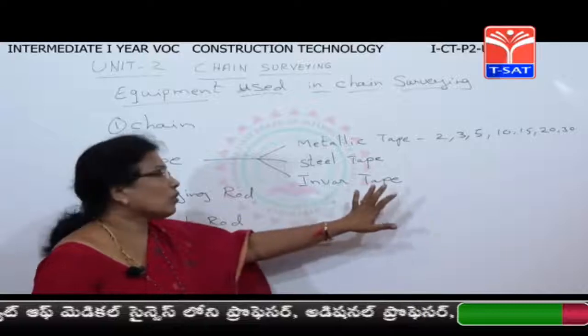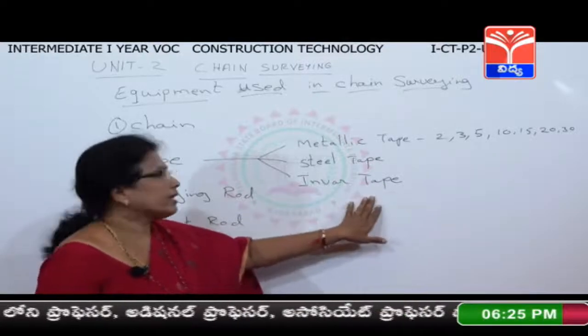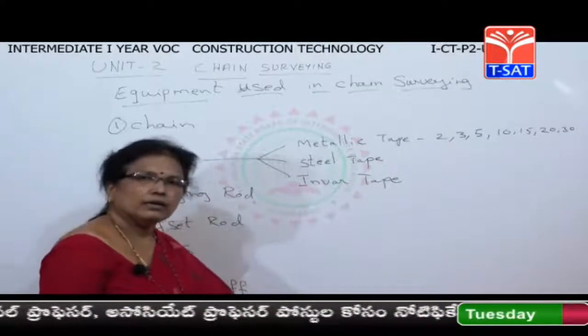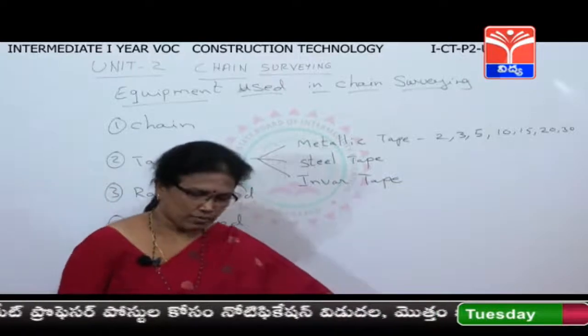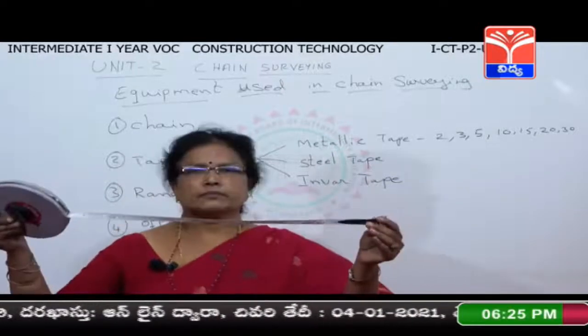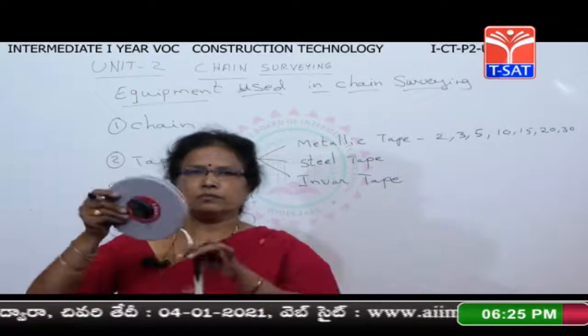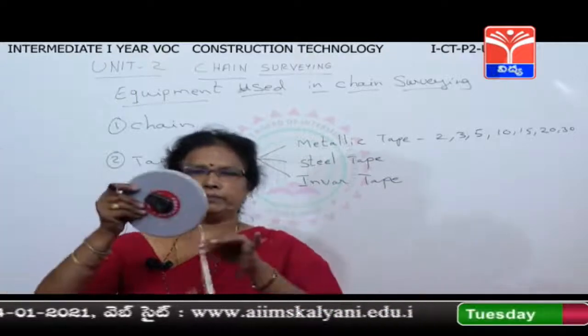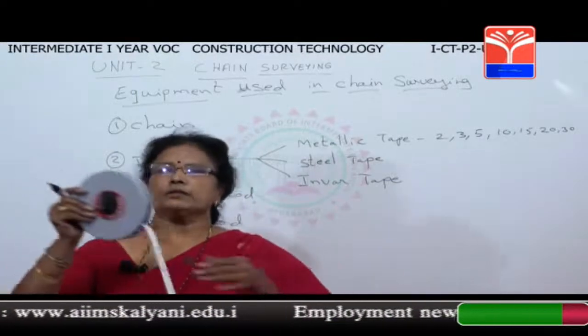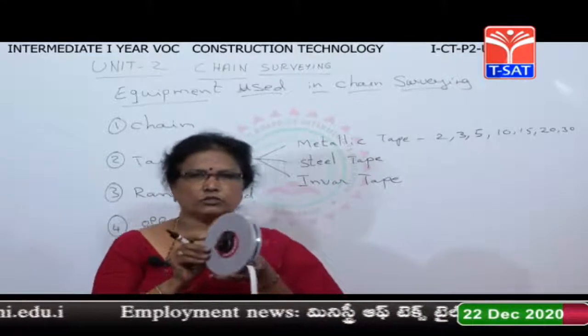And next is tape. The best quality of tape is invar tape. It is mostly used in our construction field. And now I am showing you the tape already. This is the tape. So you have 30 meters tape and 50 meters tape also.